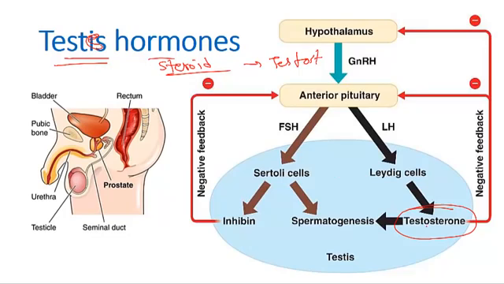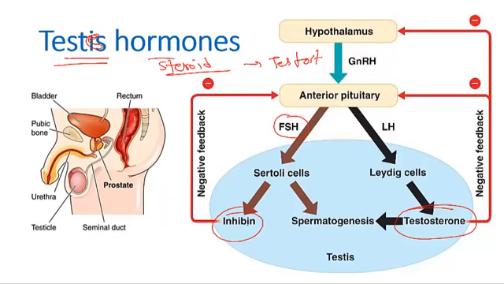This testosterone aids the development of gametes, that is the production and maturation of sperm cells in males. It also provides the secondary sexual characteristics, and it also controls the libido. And the other one, inhibin, inhibits the release of follicle stimulating hormone from the anterior pituitary.